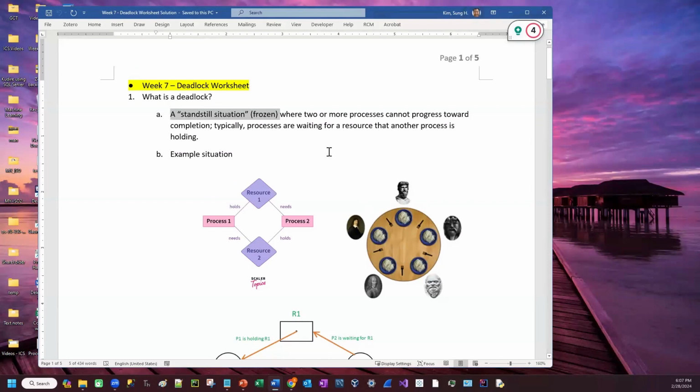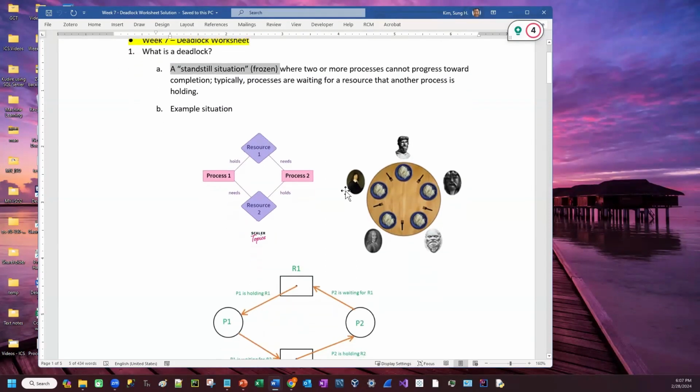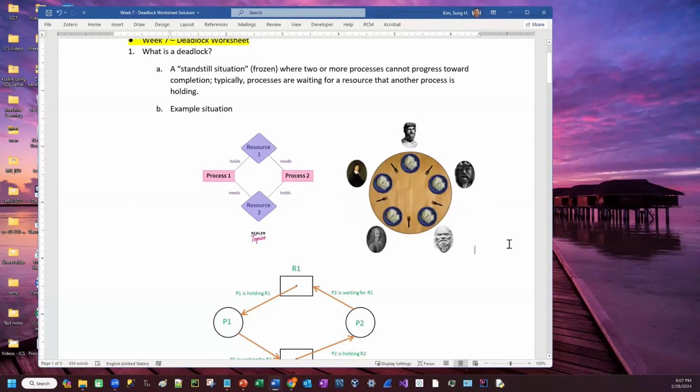We did talk about the 5 dining philosophers, where they sit around and eat and think, and that's pretty much it. But for them to eat, they need 2 forks or 2 chopsticks or whatever. If they have only one, then they can't eat.